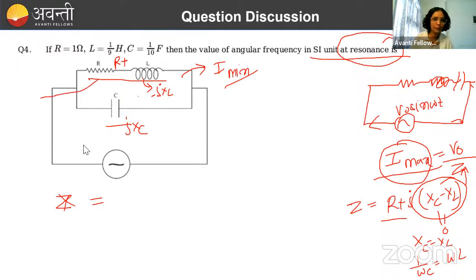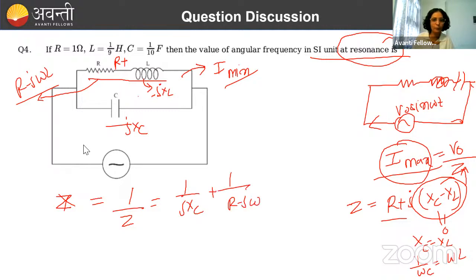These two in series will become R minus i omega L, and this is in parallel with which one? The capacitor. Okay. So as calculated in yesterday's class, 1 by Z equals 1 by i XC plus 1 by (R minus i omega L).